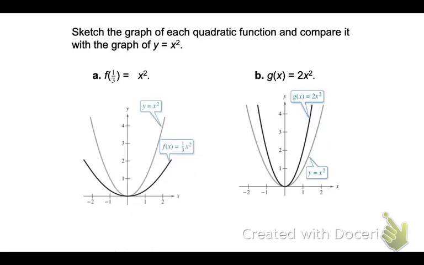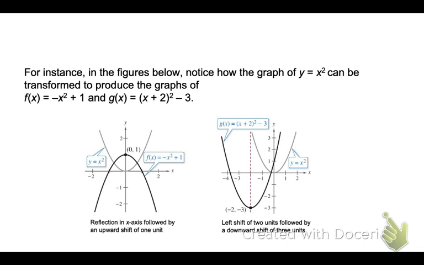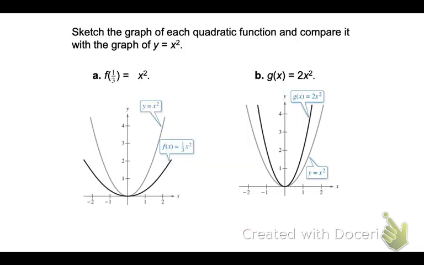Okay, we just went over this on the test, yes? When A is greater than 0 but less than 1, it's what? Wider. If A is greater than 1, it is narrower.